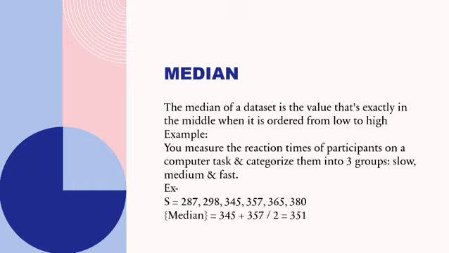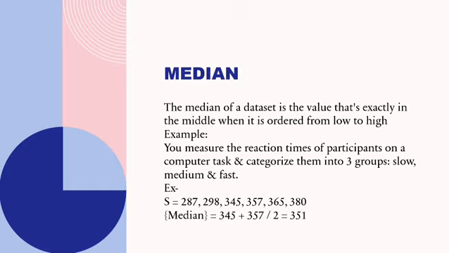The median is the middle value of the dataset in which the dataset is arranged in ascending or descending order. When the dataset contains an even number of values, then the middle value of the dataset can be found by taking the mean of the middle two values. Consider the dataset with an even number of observations arranged in ascending order.